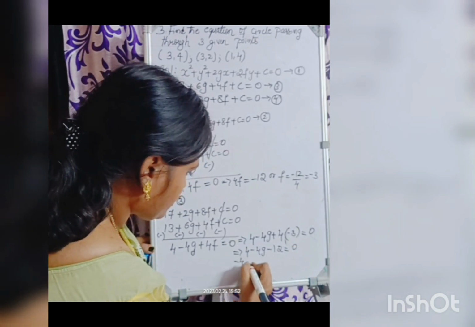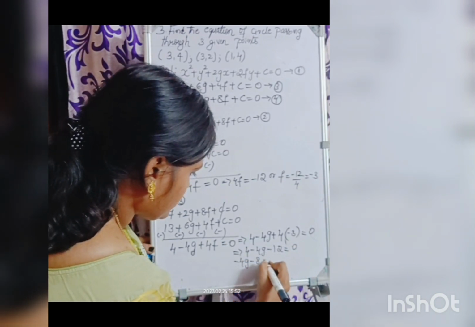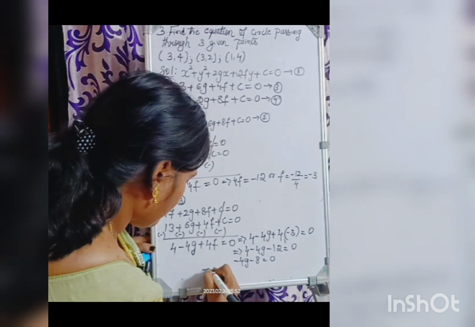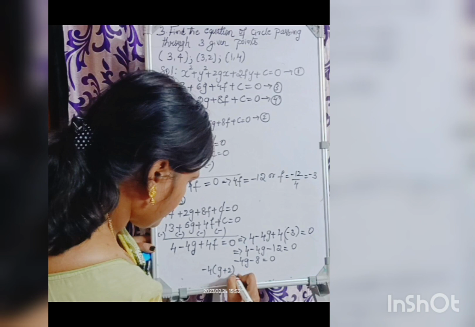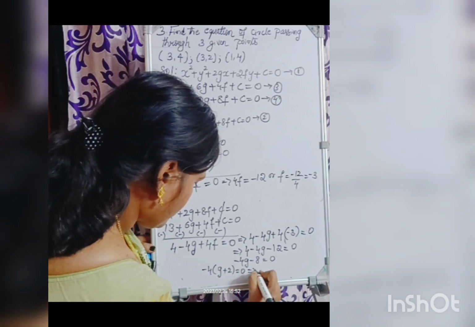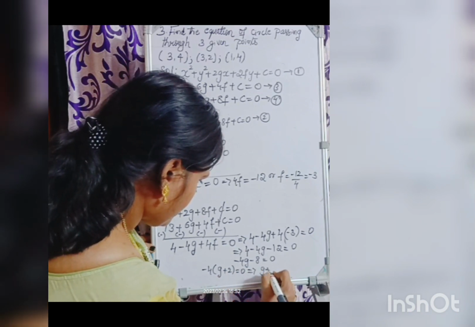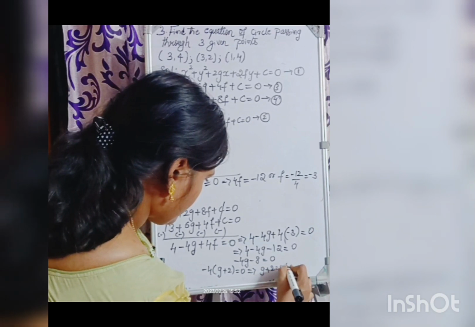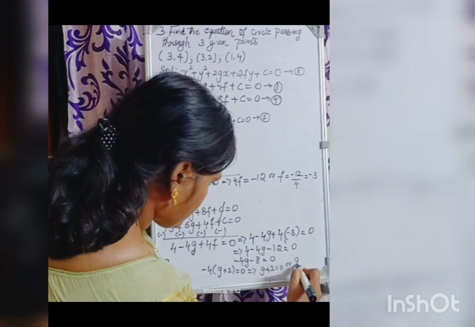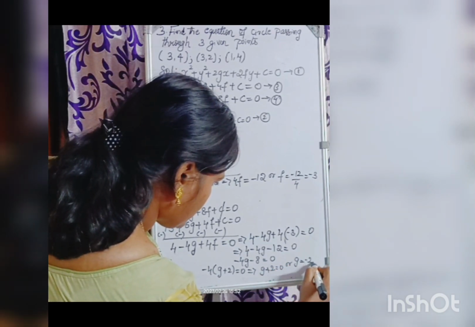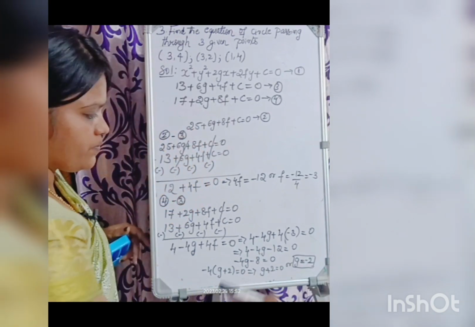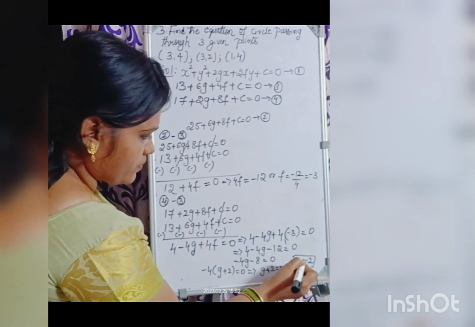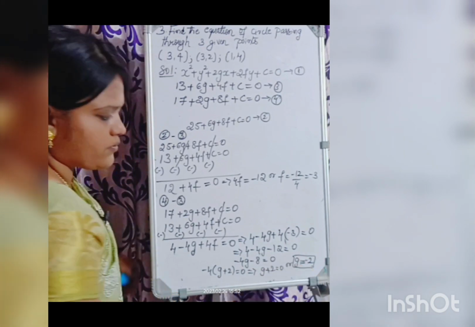In other words, minus 4g minus 8 is equal to 0, or taking minus 4 as common, simply g is equal to minus 2.